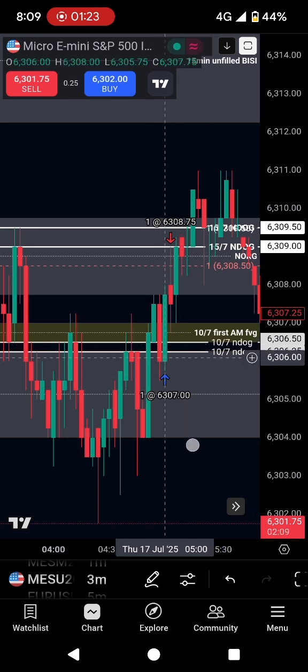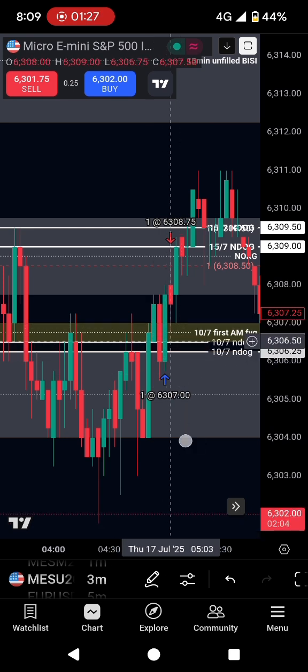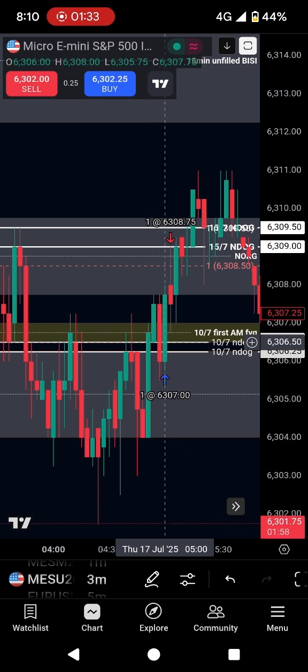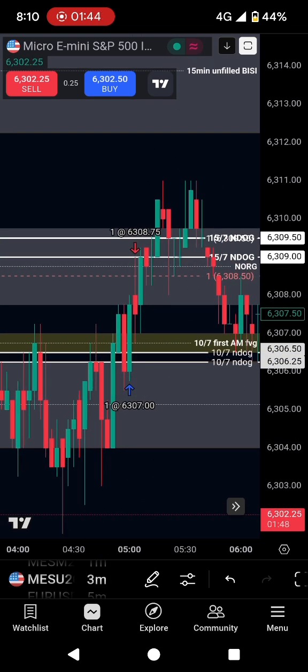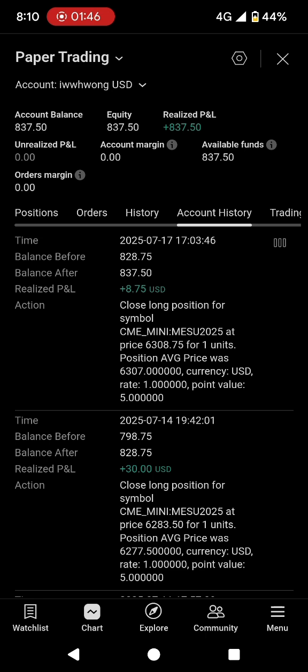So here entry 6307, a little high, right? It's a little high, but actually I would prefer to enter right here at 6306. So this would be a 2-point-something handles trade, and that would be enough as well. So just a small scalp here to the draw above, and that was it. So plus $8.75. Good.